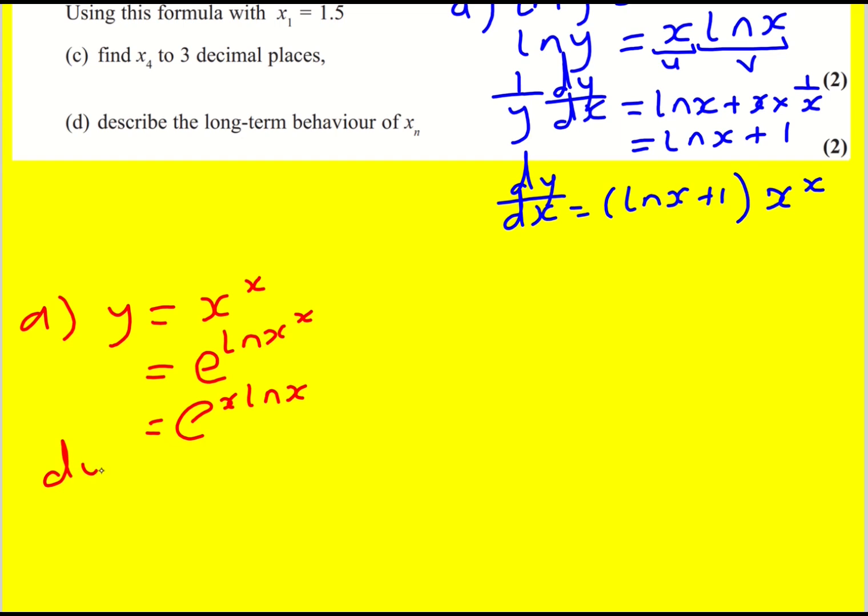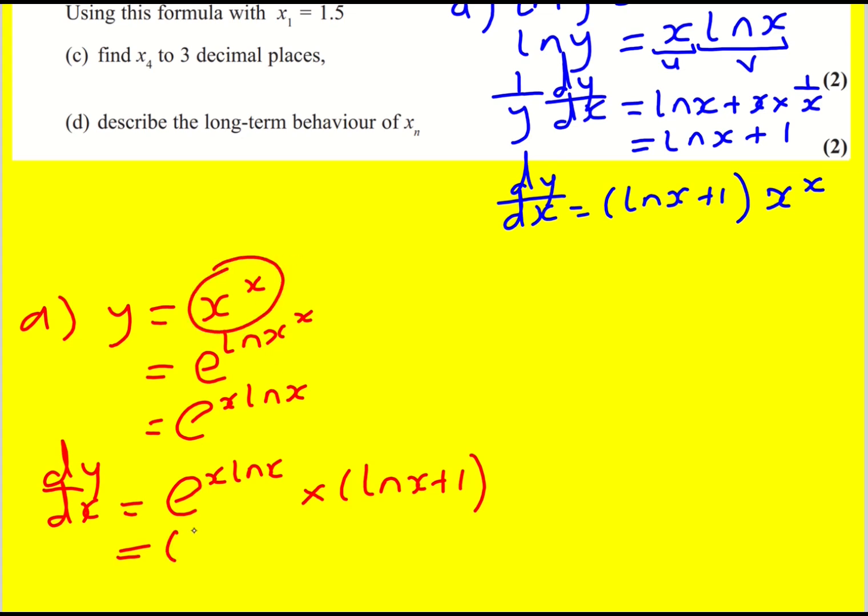So now when I differentiate this, I would get e to the x ln x as normal, differentiating the outside, that's just e to the something, times by the derivative of the inside, and then I'm going to get my ln x plus 1 again. And e to the x ln x, remember, is x to the x, so we get exactly the same answer.